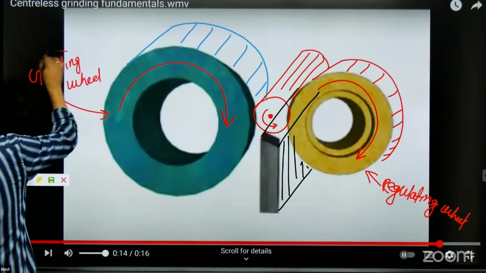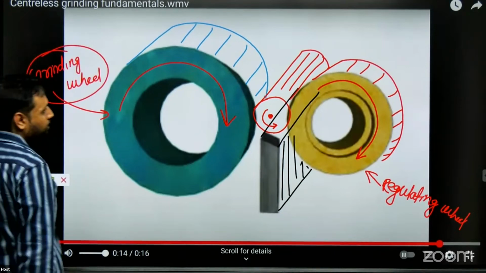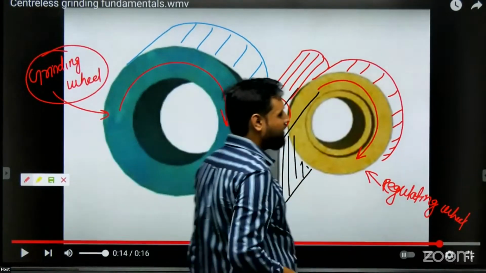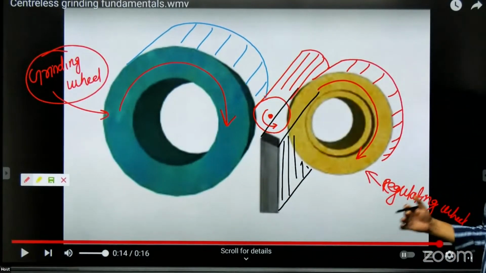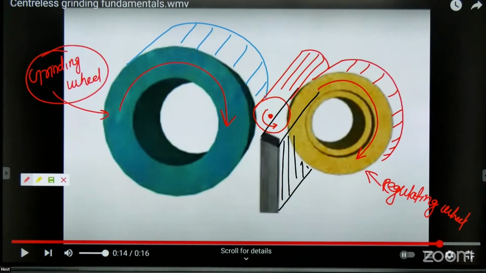As from the name itself, it is clear that the work of this regulating wheel is simply to regulate the workpiece. That means because of the rotation of the regulating wheel, my dear lovely students, the rotation of the workpiece will be controlled.